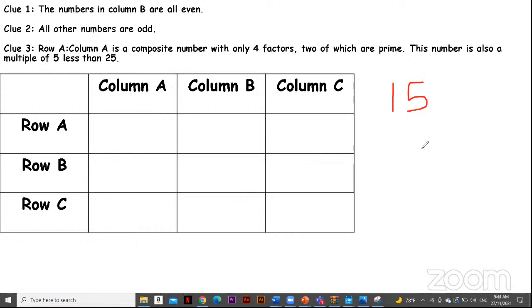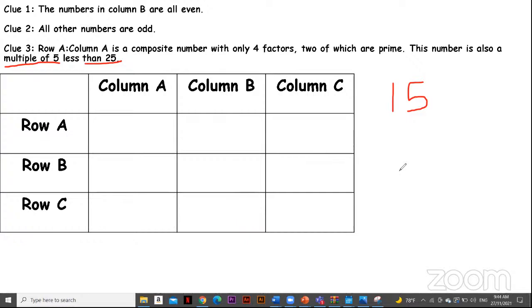Now, 15 indeed is a multiple of 5 and it's less than 25. So we have that already. It's a multiple of 5 and it's less than 25. So let us see, what are the factors of 15? Do we only have 4 factors of 15, and are 2 of those prime? Let us see if it matches the other requirements in clue 3.